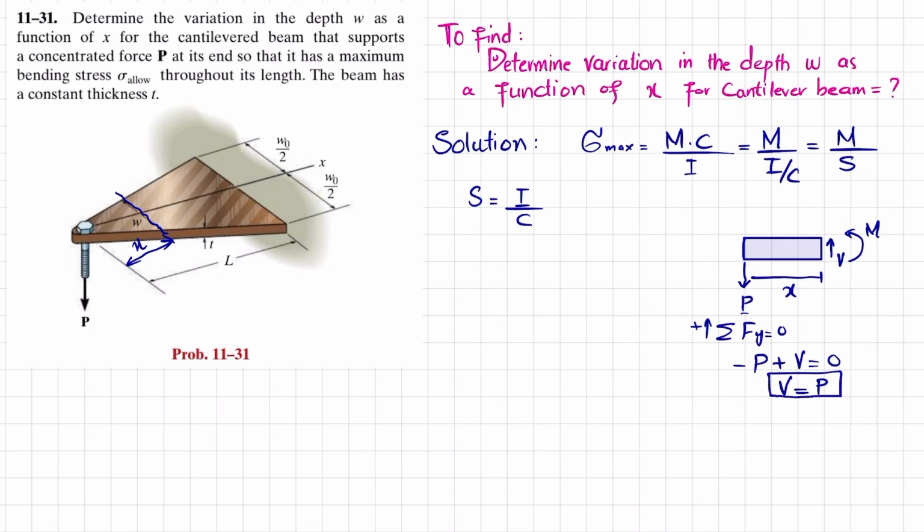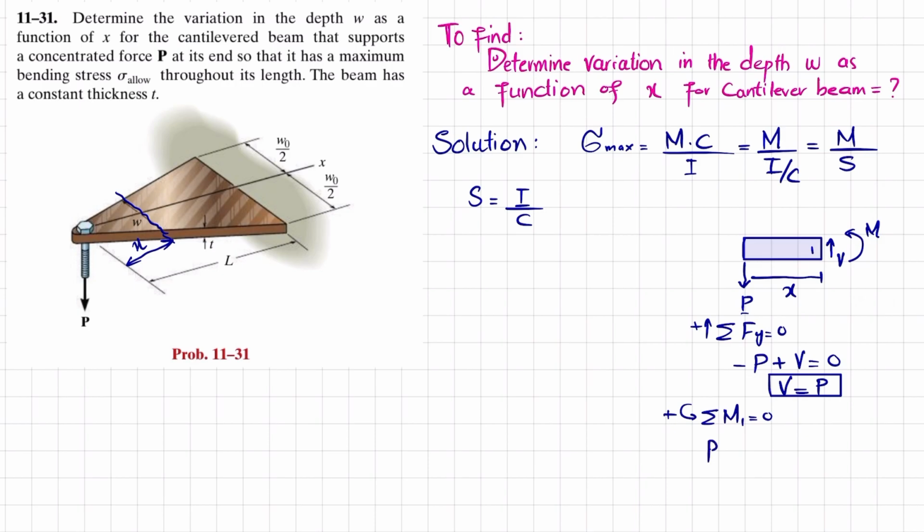Now what about the bending moment? If this is point 1, we find the sum of all moments about point 1 is equal to 0, taking the counterclockwise moment as positive. The first moment about point 1 is P into perpendicular distance x. This is counterclockwise, so it will be positive. The second moment will be this one, which is also counterclockwise and also positive, so their sum must be equal to 0.